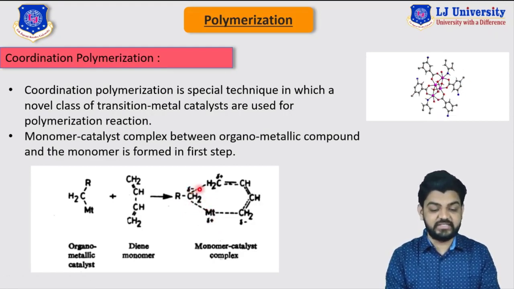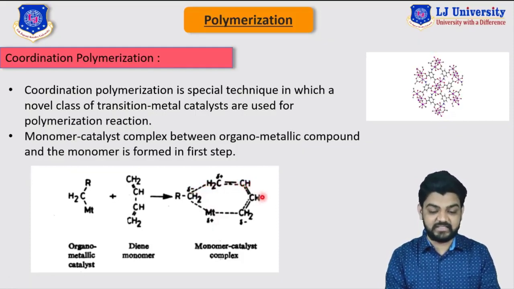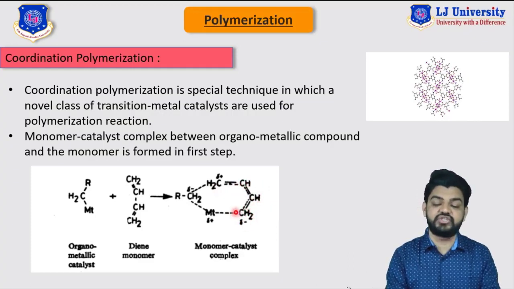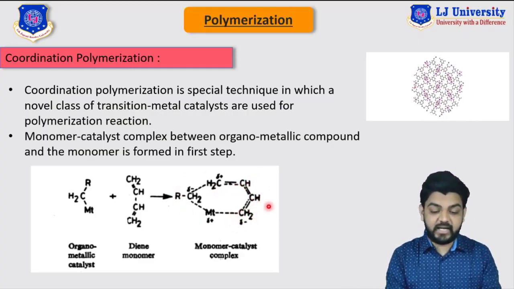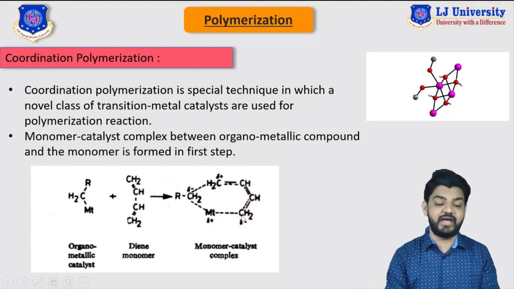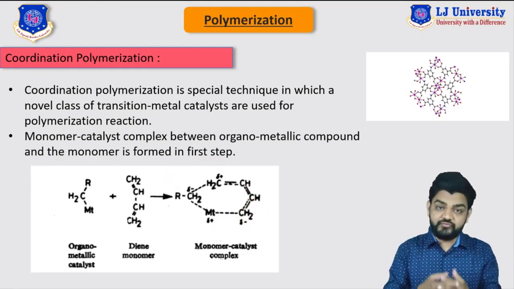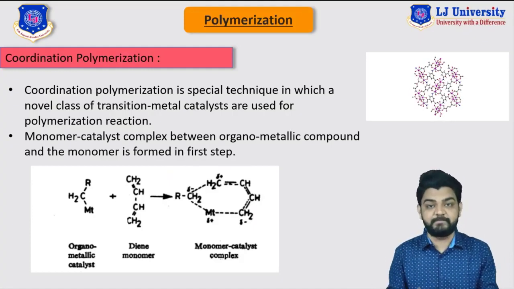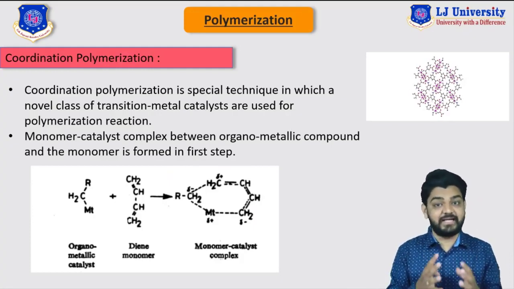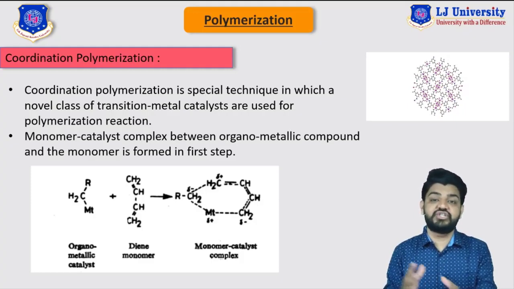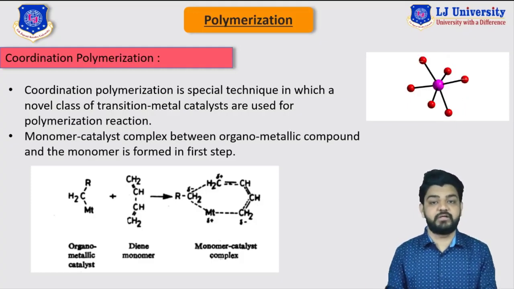Here, this is the monomer: CH2 attached to CH, then a double bond with this CH, which is attached to this CH2. This complete ring structure can be referred to as the monomer-catalyst complex used for this polymerization process, and it will act as the active center for the growth of the polymer chain.